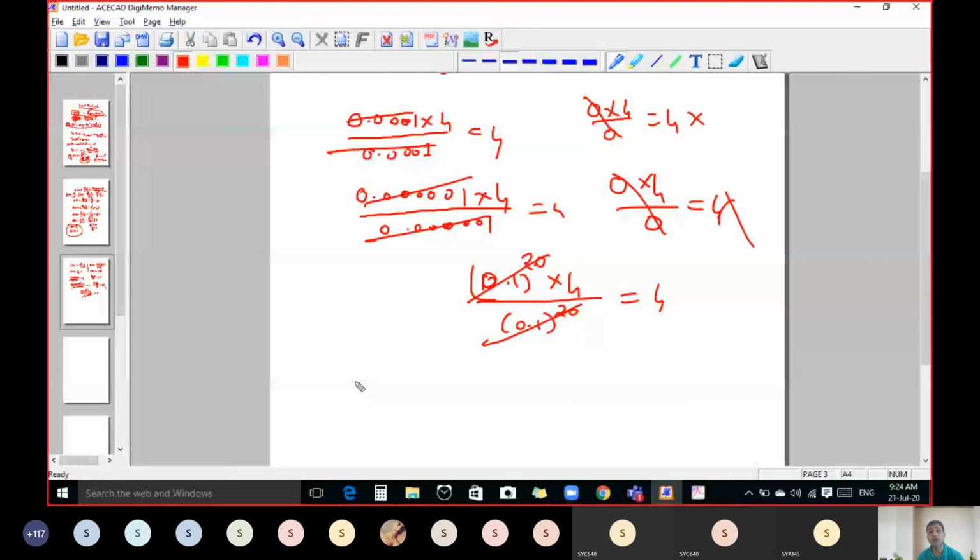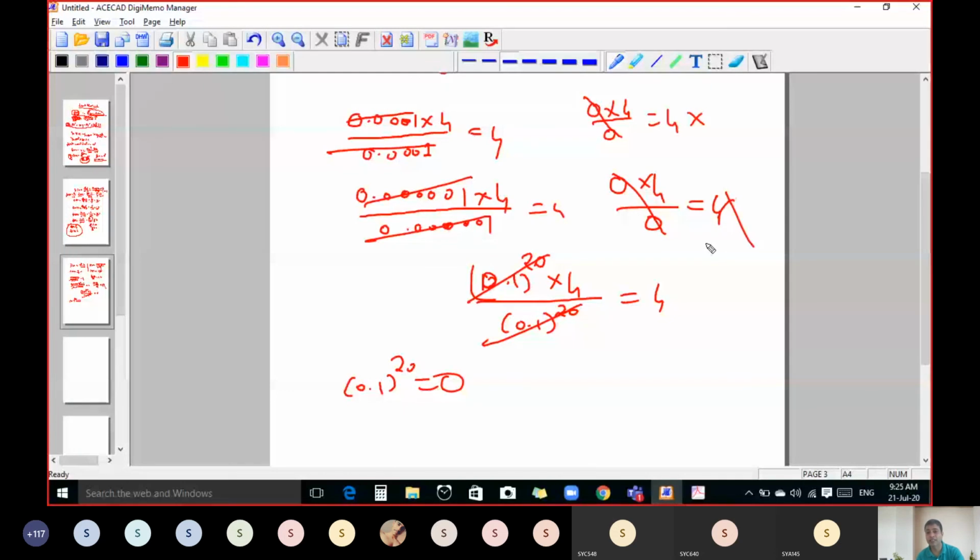In your calculator, you will get answer 0. Check it if you want to verify. But this is in fact not 0. And because it's not 0, it is possible to cancel. But if it is actually 0, then it is not possible to cancel.